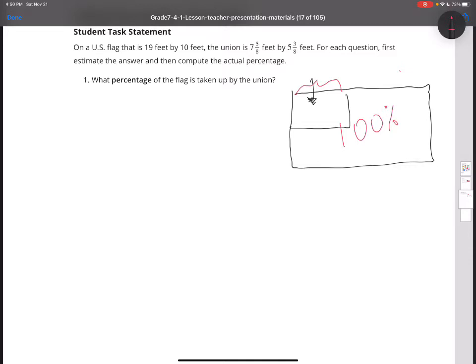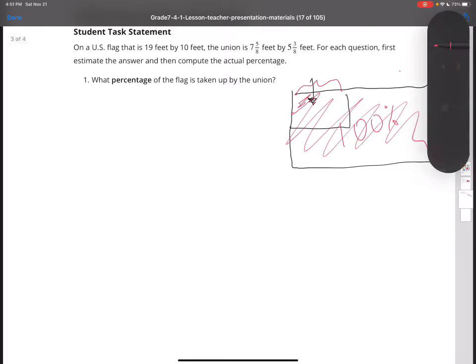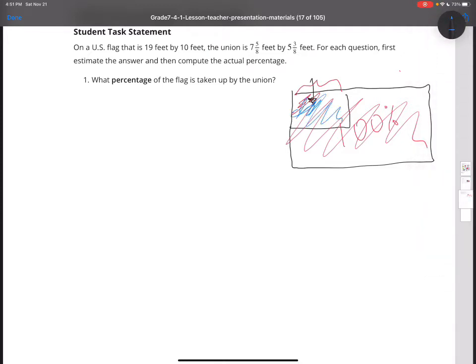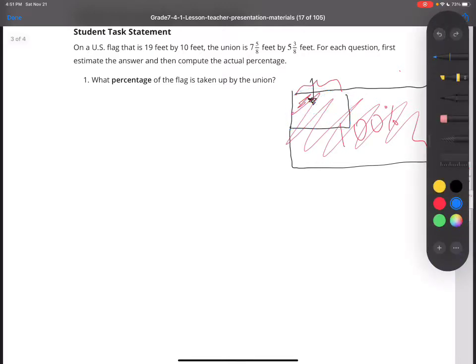Why do I want to find the area? It's because the area would be the whole flag. And then I want to find the area of the Union, which let me scribble in blue. Let me find the area of the Union. And when I find the area of the Union, then I could take a percentage of that to find out, okay, what's the area of the Union? Now, let me go back so you guys can see.